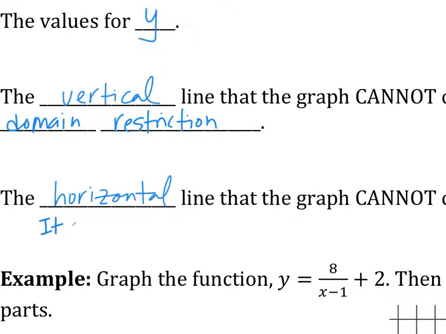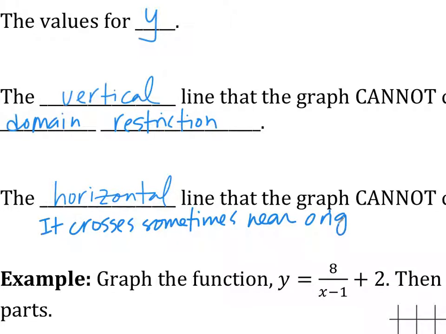It crosses sometimes near the origin. It gets kind of crazy. Asymptote usually means the graph cannot cross it. Vertical asymptote, it will never cross. Horizontal asymptote, sometimes. So sometimes when you graph it, you're like, wait a minute, Miss Young says you can't cross it. Why is my graph crossing it? It can sometimes. So be careful on that.